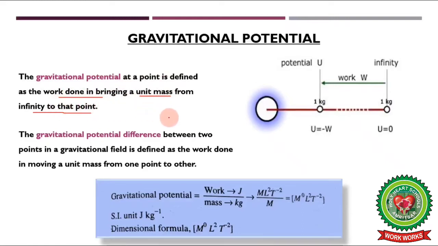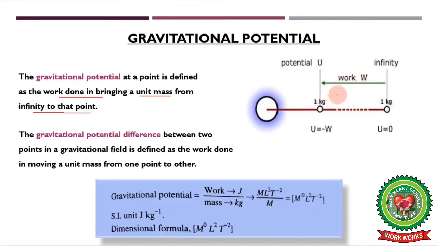So in this case, we are not having charges, we have masses. So gravitational potential is a similar thing. It is the work done in bringing unit mass from infinity to that point. Suppose this is the object which is at infinity, and we have written here 1 kilogram to show that it's a unit mass, and we are taking this object from infinity to a certain point here.